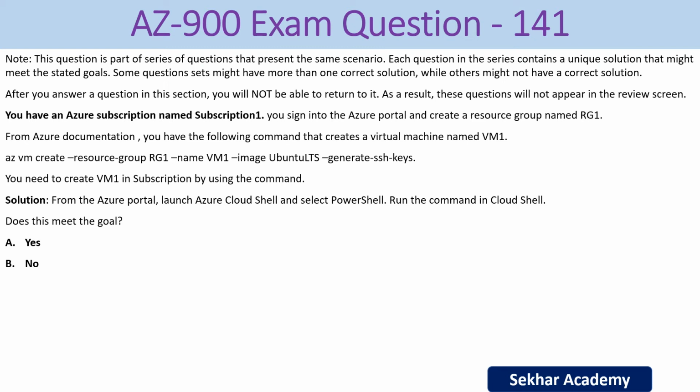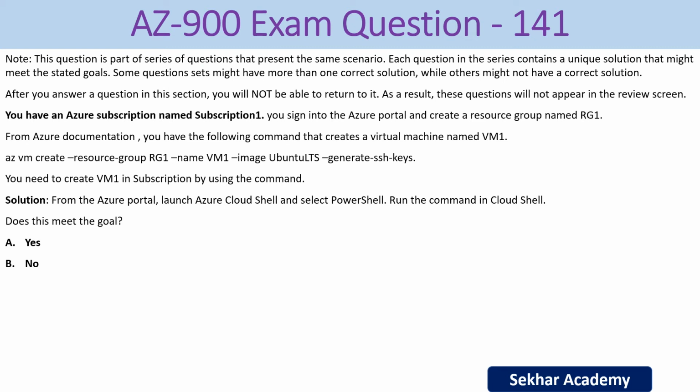You have an Azure subscription named subscription 1. You sign into the Azure portal and create a resource group named RG1. From Azure documentation, you have the following command that creates a virtual machine named VM1.